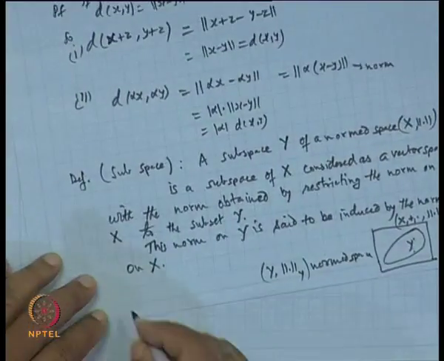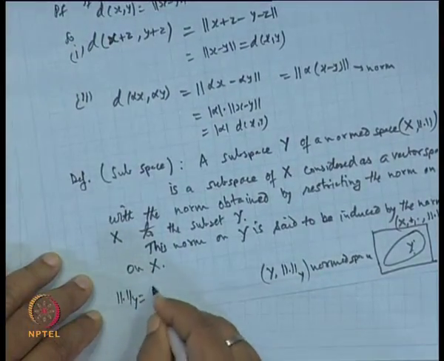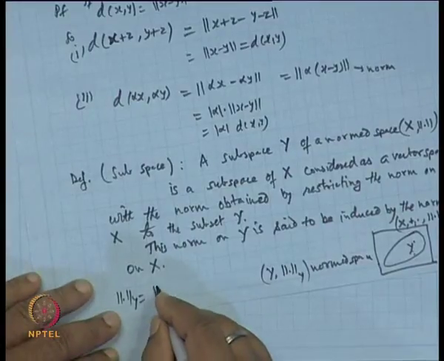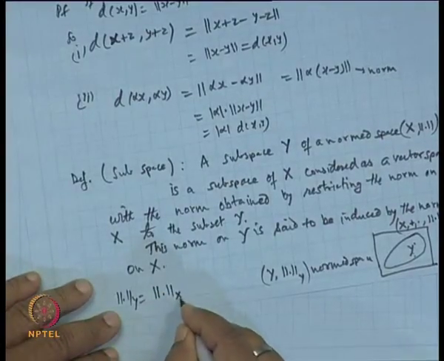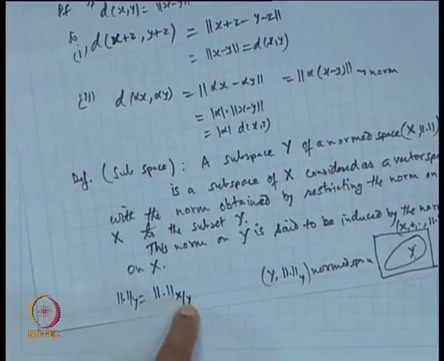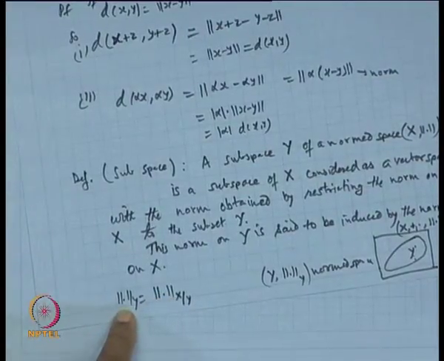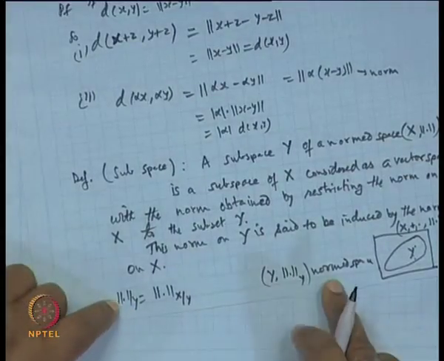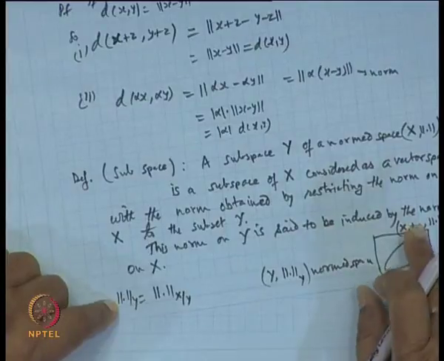That is, this norm must be the restriction of the norm of X on Y. Clear? So in this norm it is a norm space, a subspace, and then we call it that.